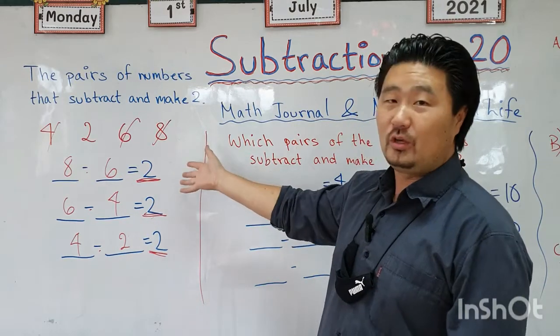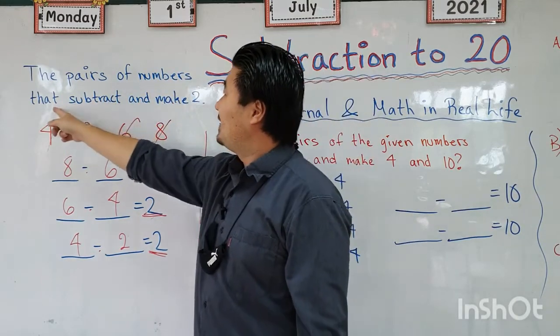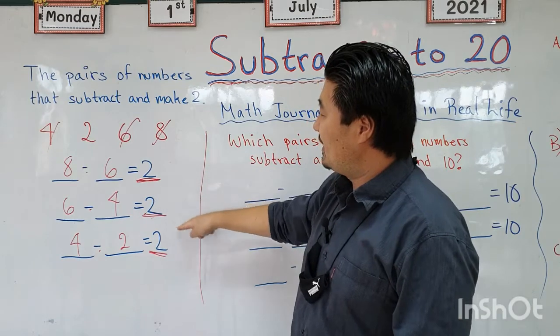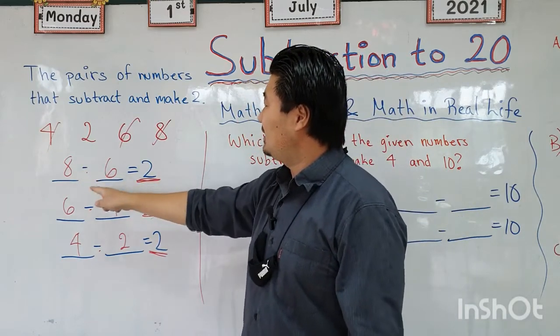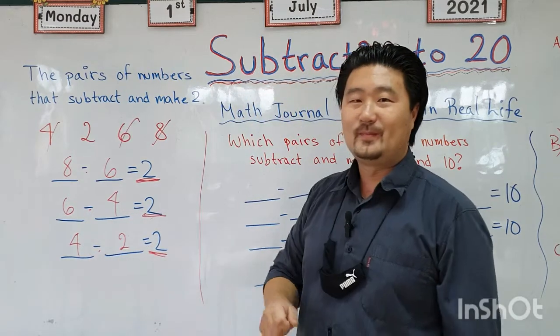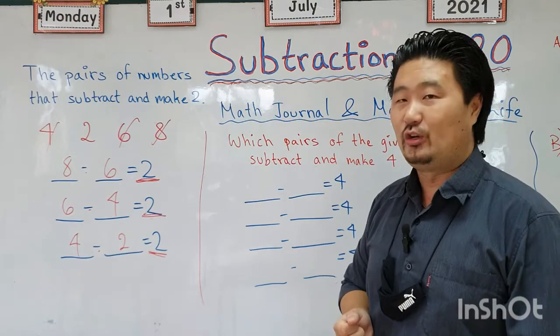Okay, so those are the answers. The pairs of numbers that subtract and make 2 are these three: 8 minus 6, 6 minus 4, and 4 minus 2. Okay, do you understand? Good.